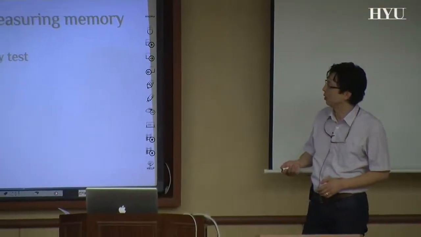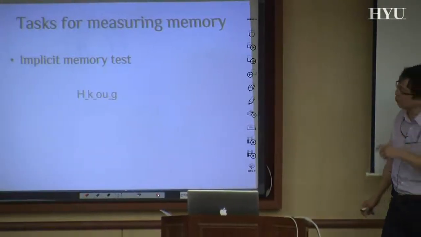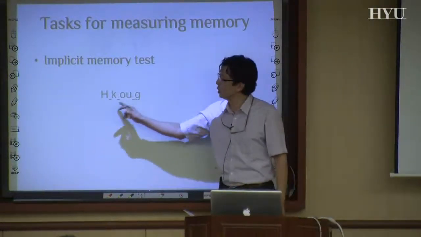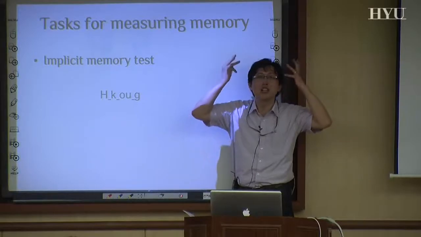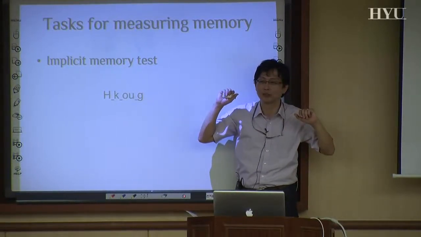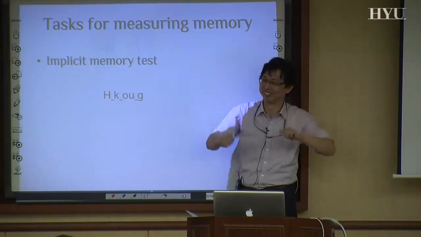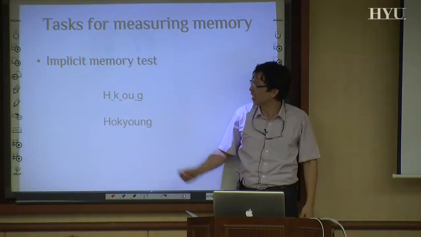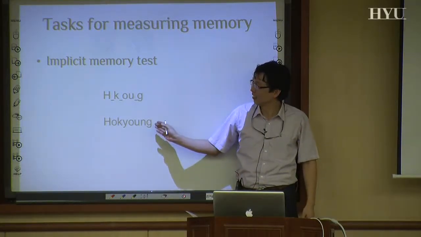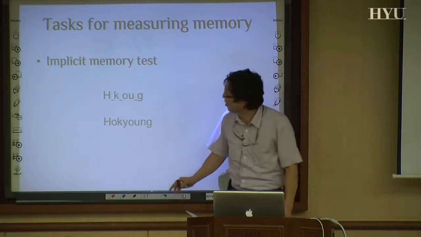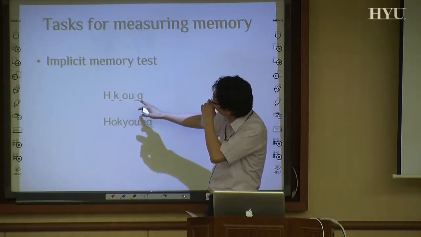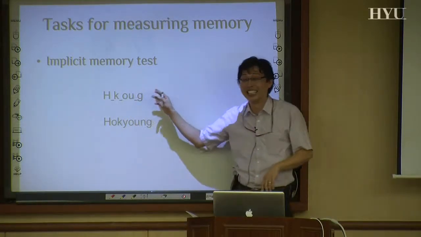So when I show this one, you have to fill in the blank. When you see this one, what can you imagine? Okay, that's the right answer, isn't it? Hong Kong. Hong Kong. No, there's no N in here.